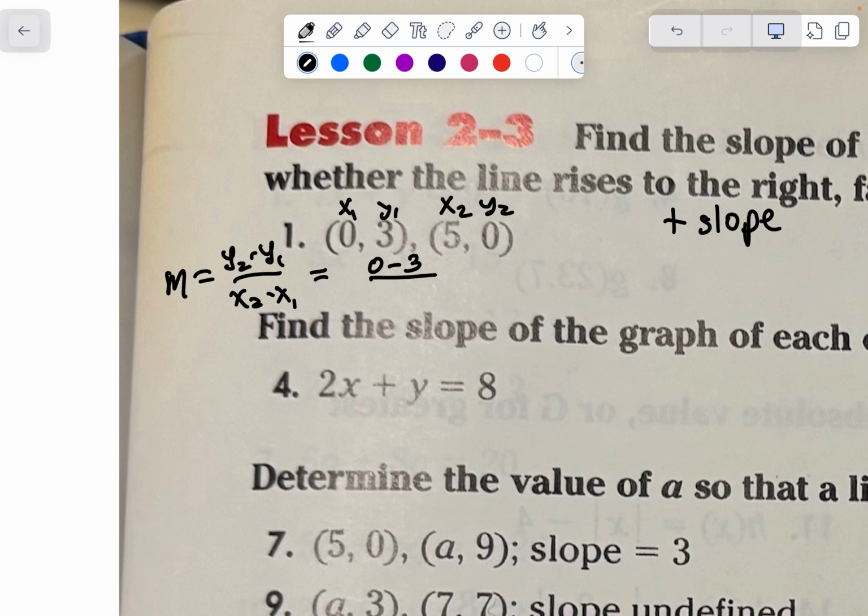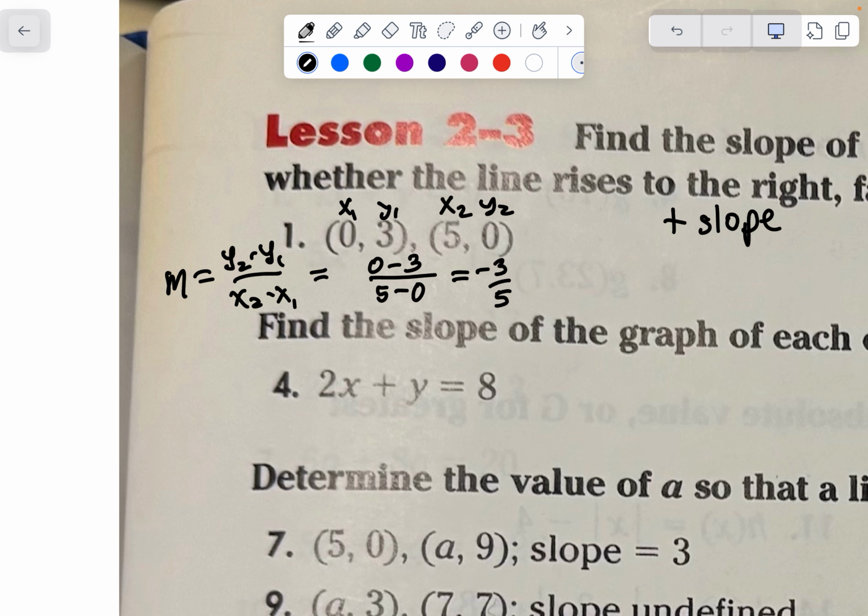Here's how you can check your work very clearly. These two should be a point, starting from the bottom going up to the top. 5, 0 is a point. These two should be a point, starting from the bottom to the top. 0, 3 should be a point, which it is. And now do your calculation. We get negative 3 over 5. If the fraction can reduce, please reduce it. If the fraction cannot reduce like this one, that is your answer.